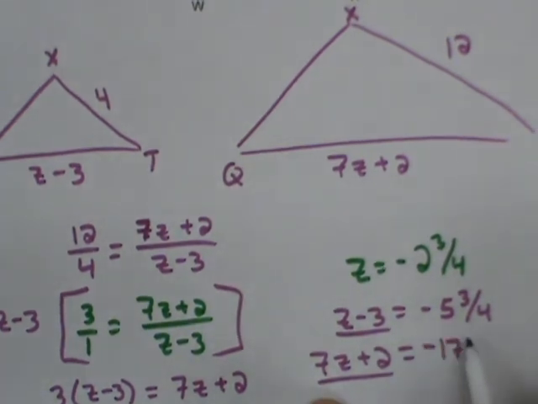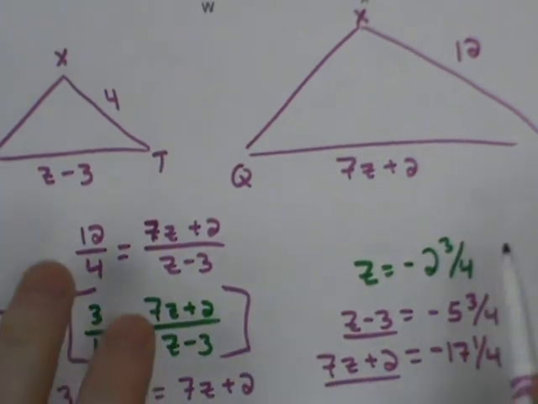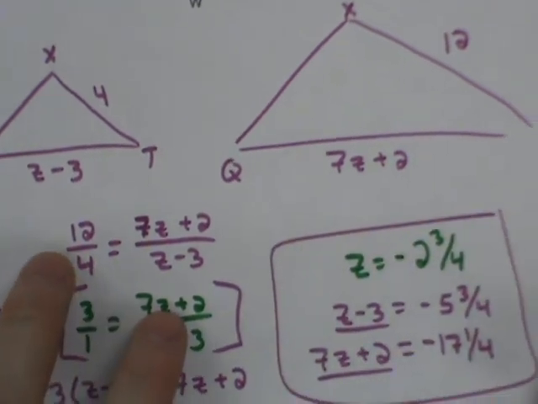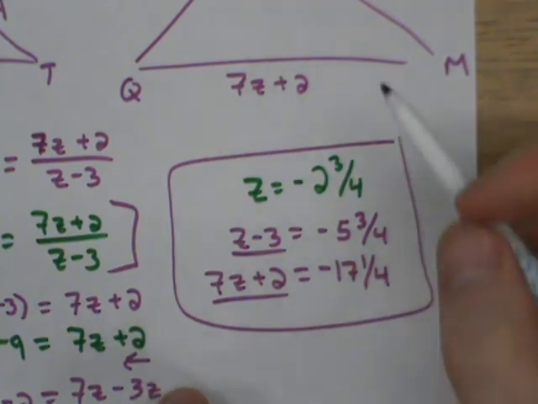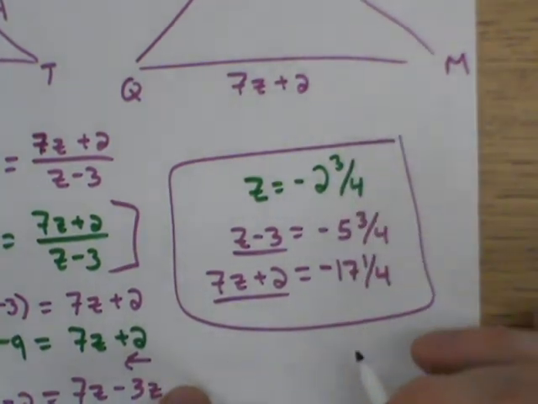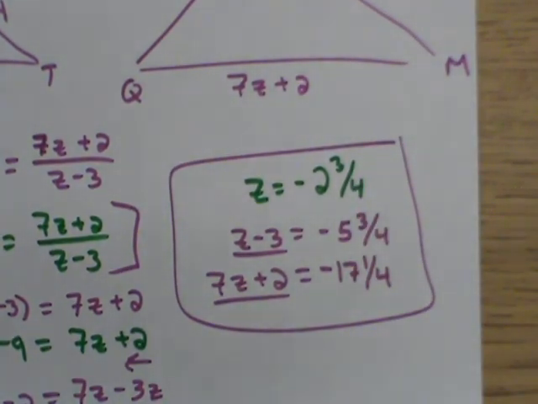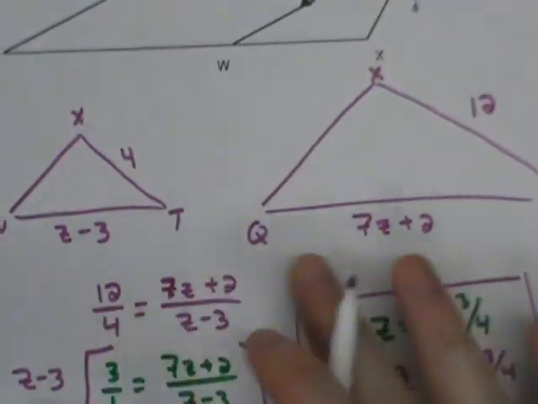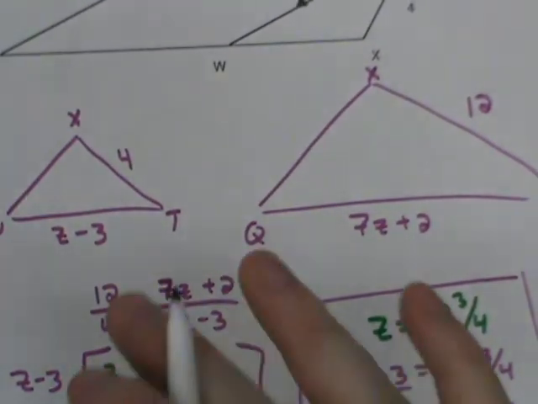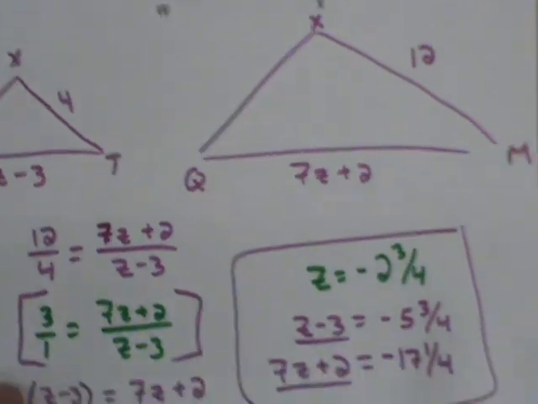Negative 17 1/4. Crazy set of answers there. We wouldn't expect negative answers. For the homework, you should scratch your head if you get negative answers. On the test, it will not happen when you're doing proportions because you have to get positive answers, and I will double check those before I write your test.